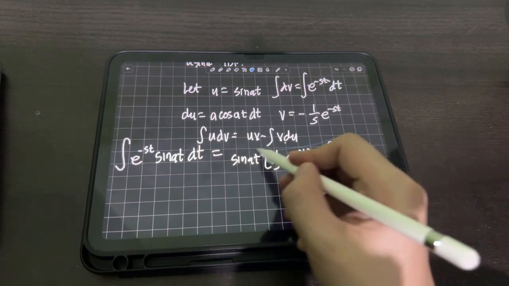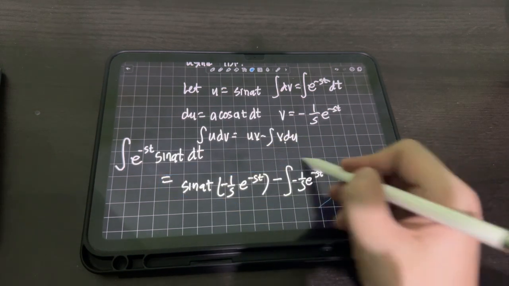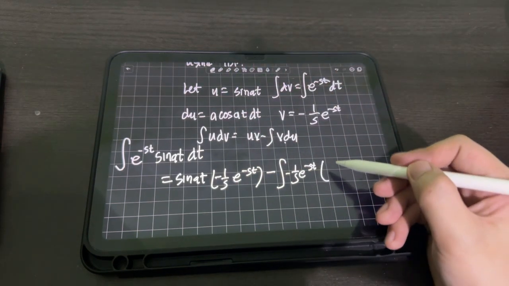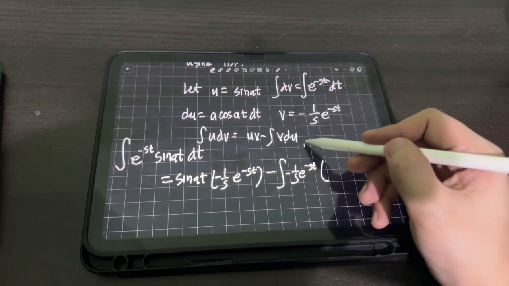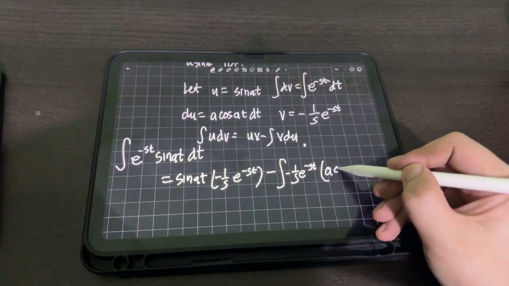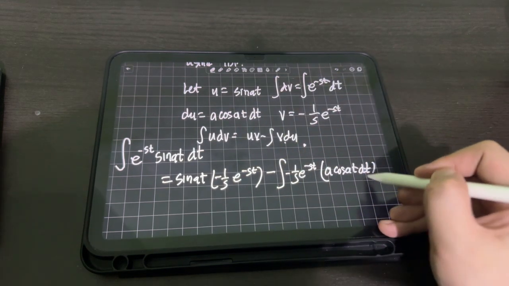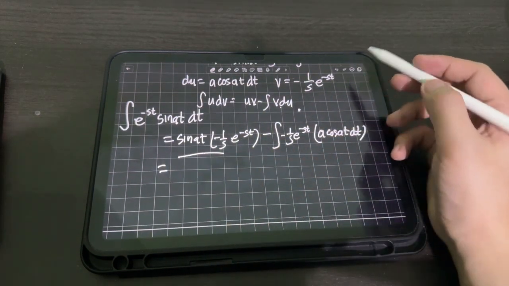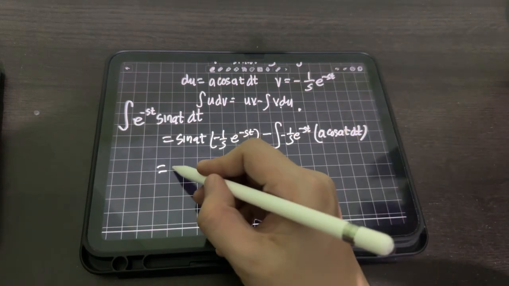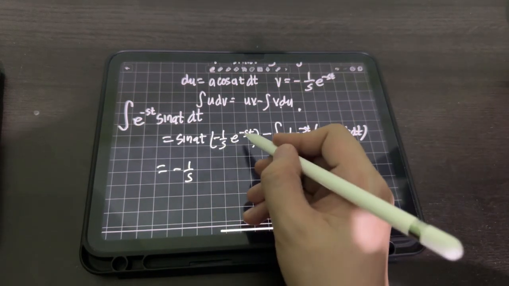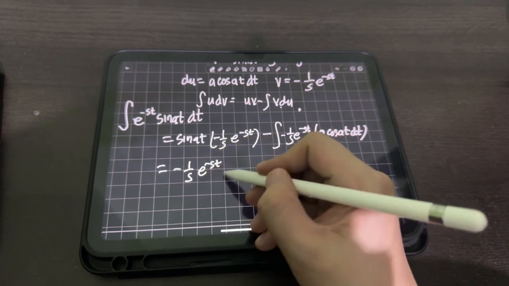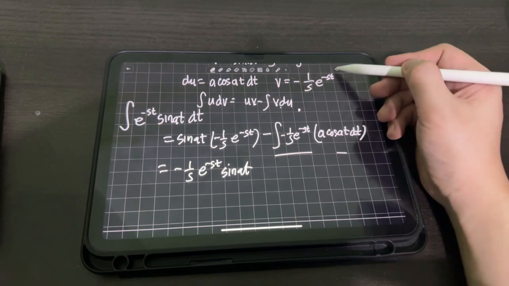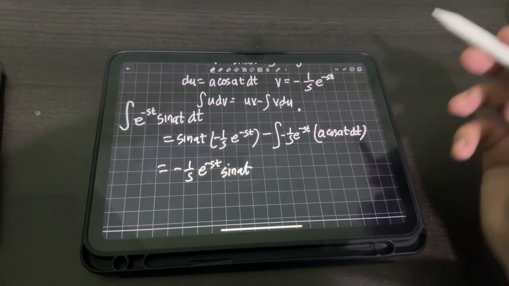Okay, I will just put it here to fit on the page. So we substitute du now, which is a cosine at dt. For writing the first term, let's write the constant negative 1 over s first, followed by e to the negative st, then sine at. For this integral, we can put the constant in front first.